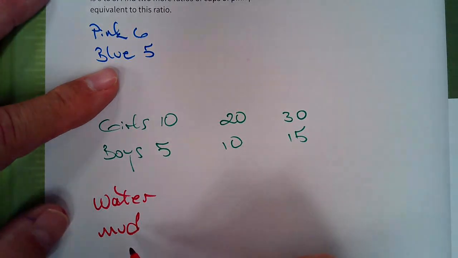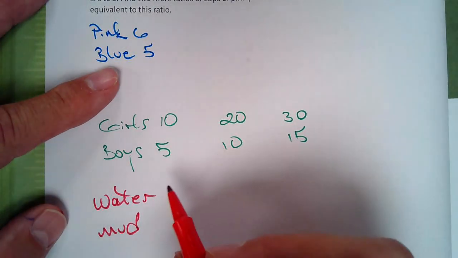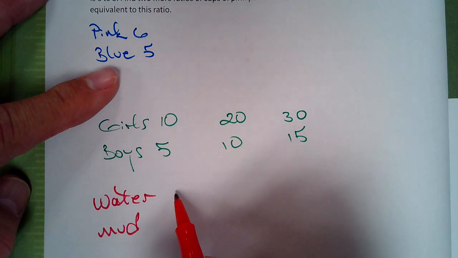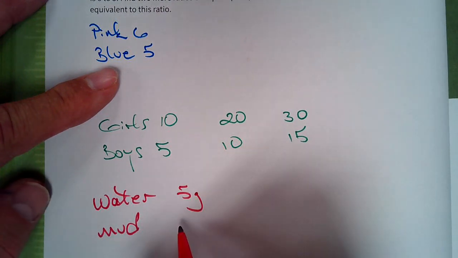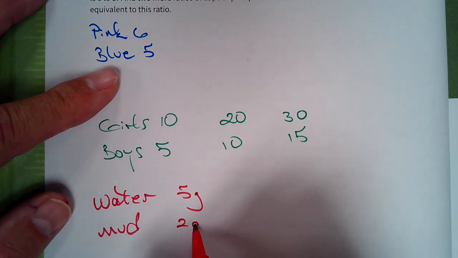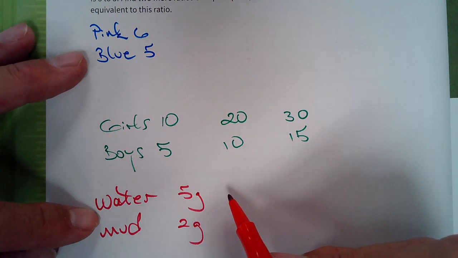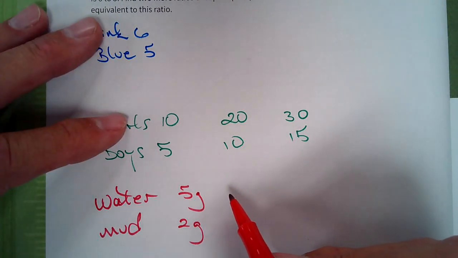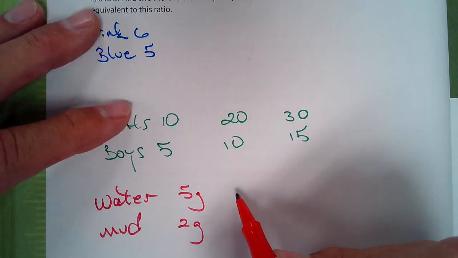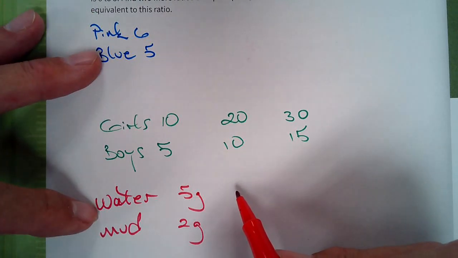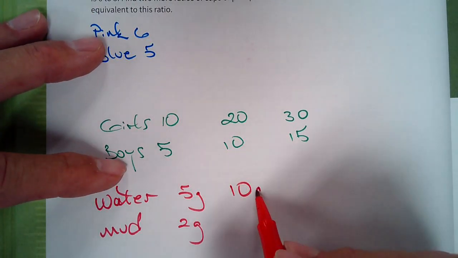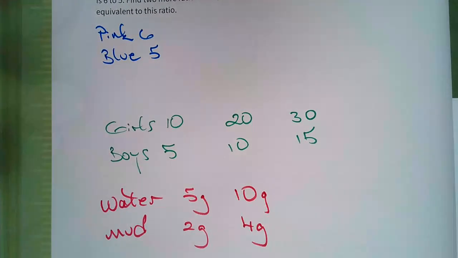Of course, mud is dirt with water in it, but we'll ignore that for the moment. Let's say the ratio of water is in gallons: 5 gallons of water to 2 gallons of mud. If I needed another ratio, Mr. Atwood, give me one. An equivalent ratio. 10 gallons of water and 4 gallons of mud. Okay, so I think you guys get that.